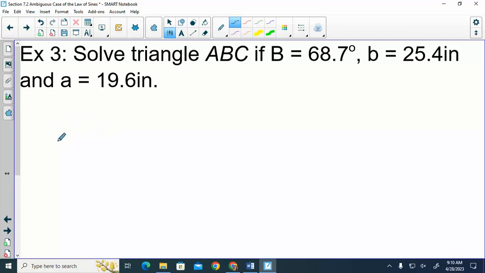So solve triangle ABC. Angle B is 68.7 degrees. Side B, 25.4 inches. Side A is 19.6 inches. So what would I start with?